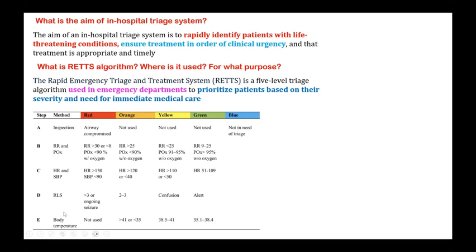Again, here you classify them into red, orange, yellow, green, and blue categories. Blue category, they don't require any triage at all. Green, they are more alert and more stable. Yellow is also not a very urgent patient. Whereas red and orange are the two categories where you have to give more concern to treat.